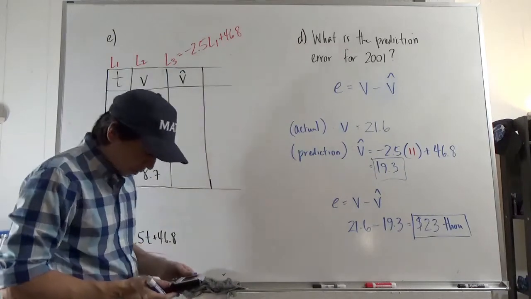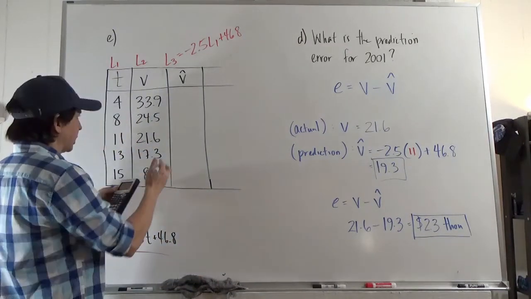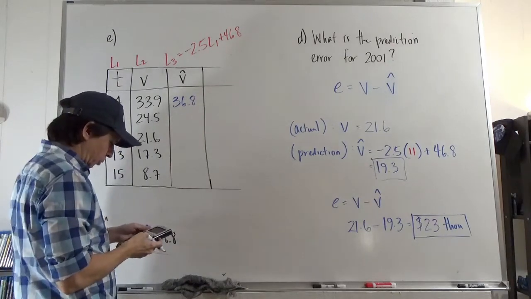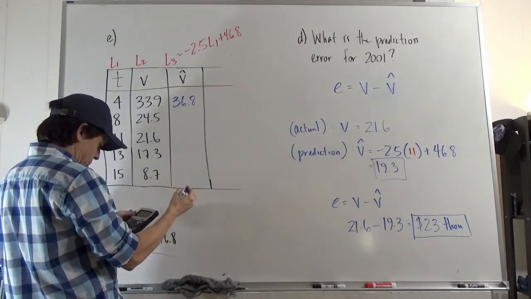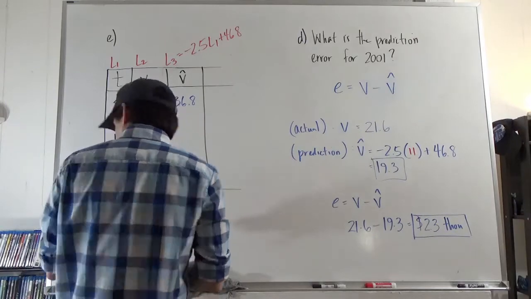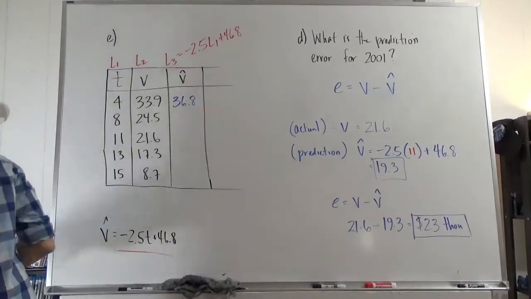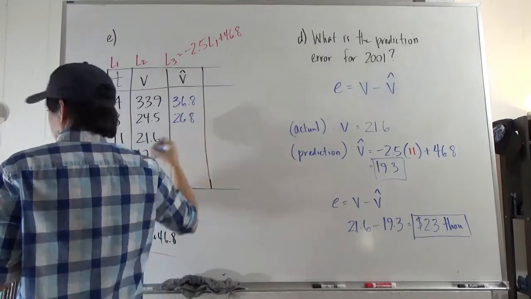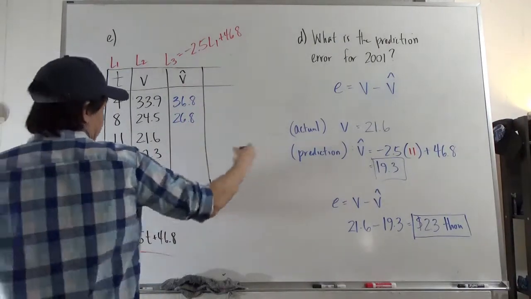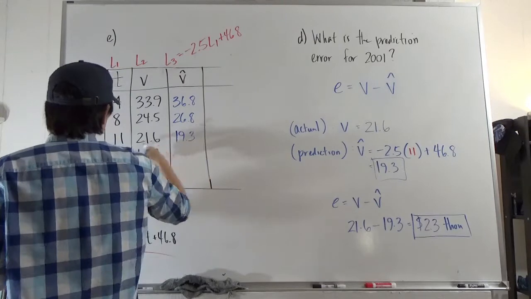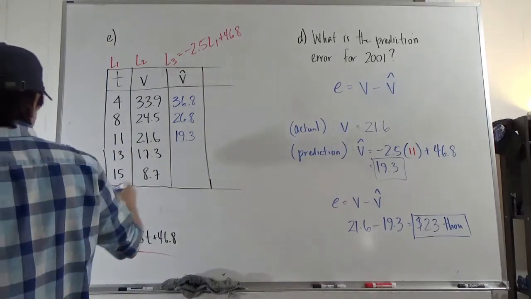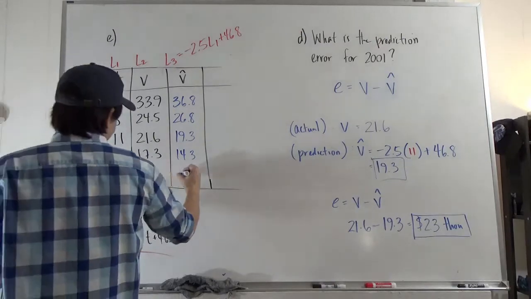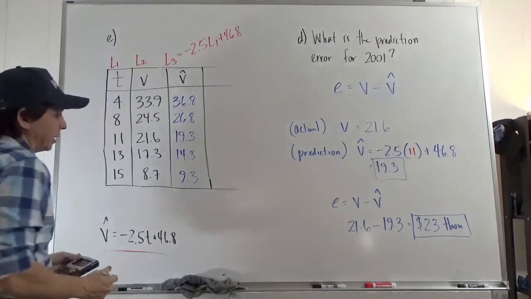It just blinded me. 36.8, 26.6, oh wait, what does that say? 26.8. 19.3, boom. That's the one we already did by plugging in 11. 14.3, and 9.3. That's our V hats.